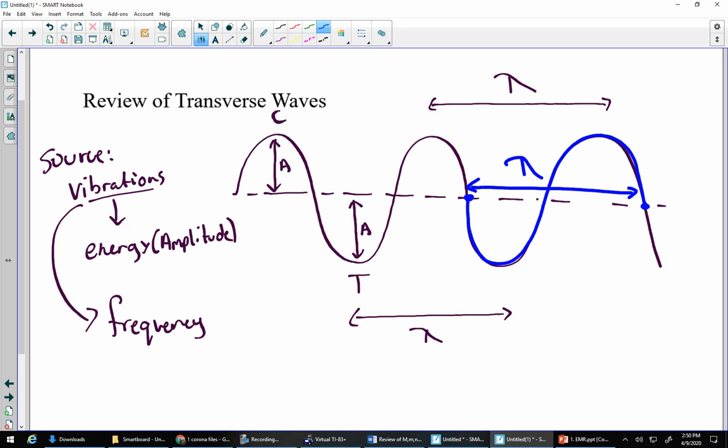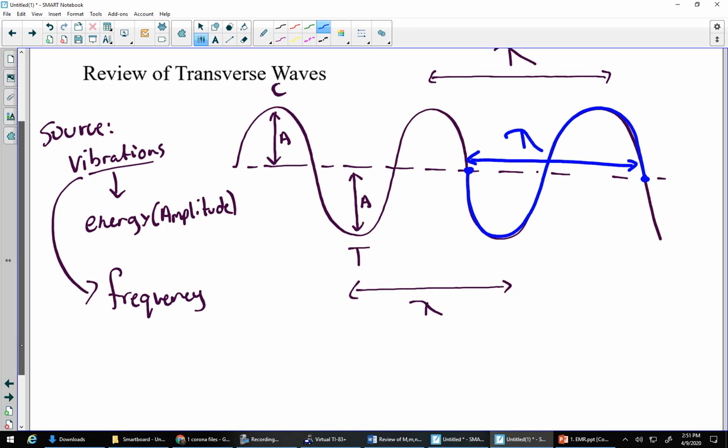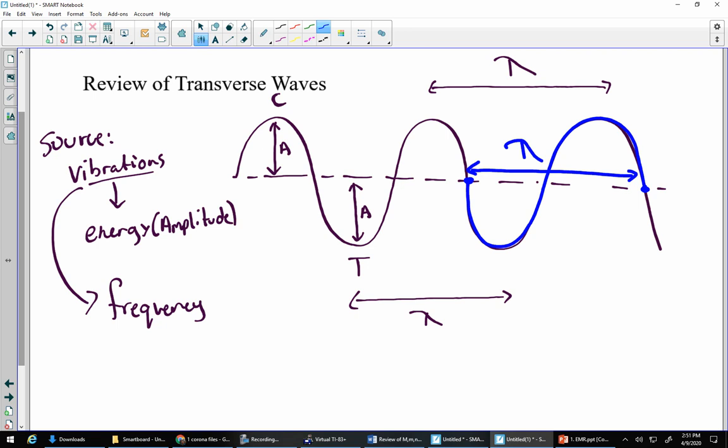Cool. Last little thing that we're looking at here is which direction is the particle motion versus the wave motion? The wave motion is going to be side to side. I might say that the wave's motion is this way, so the wave's motion is parallel, or horizontal, in the plane of the page.